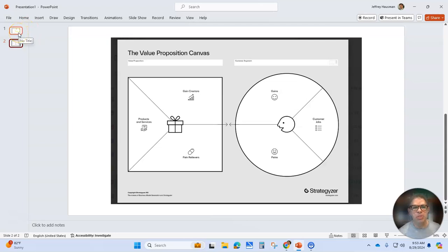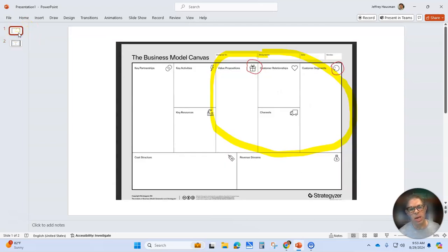The other thing I want you to recognize when you look at the business model canvas is that the canvas itself is not linear. It's not like here's step one, then do this, then do this.